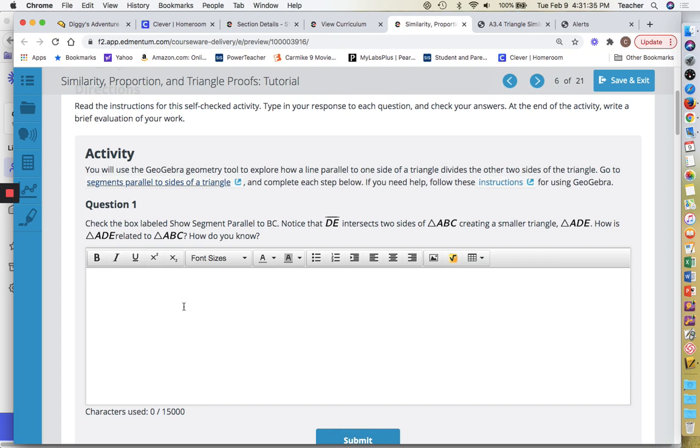Well, if they're similar triangles, and it says they are, that means they have congruent angles and their sides are proportional. That's the definition, you guys. This is the definition of similar triangles.